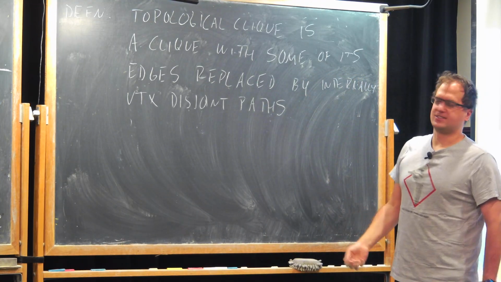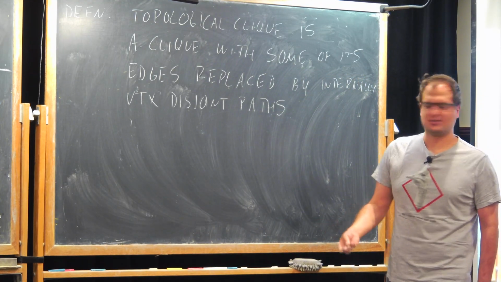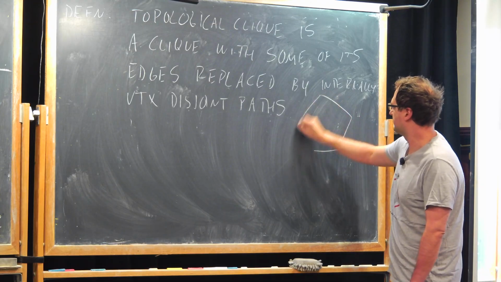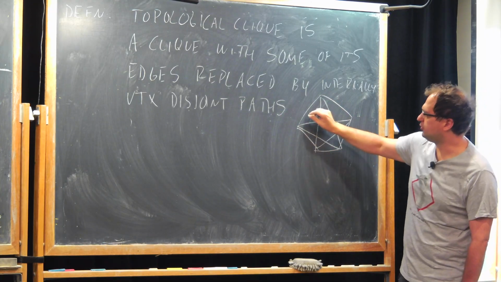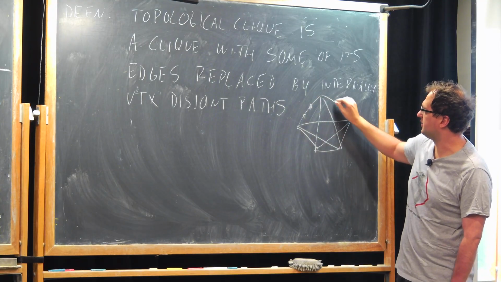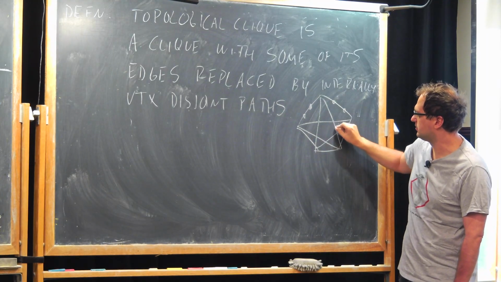So, AKA, it's a subdivision of a clique. Let me draw a picture. Here's our favorite clique. And what you're allowed to do is just put some extra vertices on every edge, which are unique for that edge.